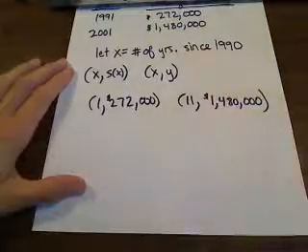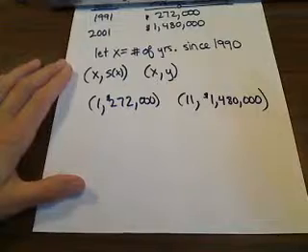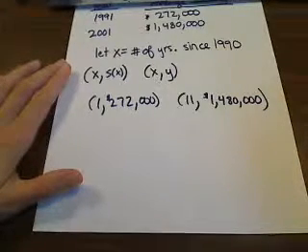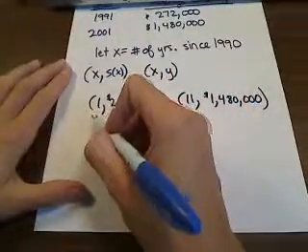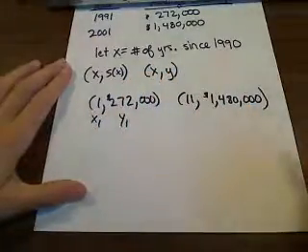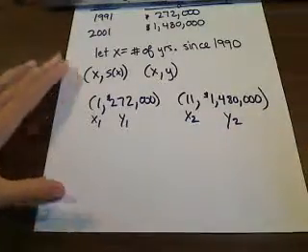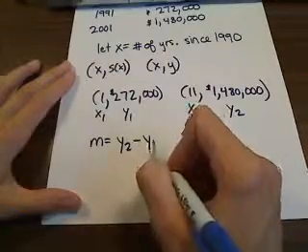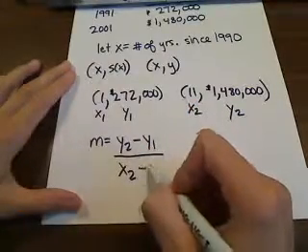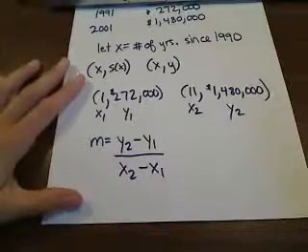Now that I have two ordered pairs, I'm going to want to find the equation of the line. It's a two-step process. First I have to find the slope, and then I'm going to use the point-slope equation to find the equation. I'm going to label this x1, y1, and this x2, y2. Remember that your slope formula is y2 minus y1 over x2 minus x1.